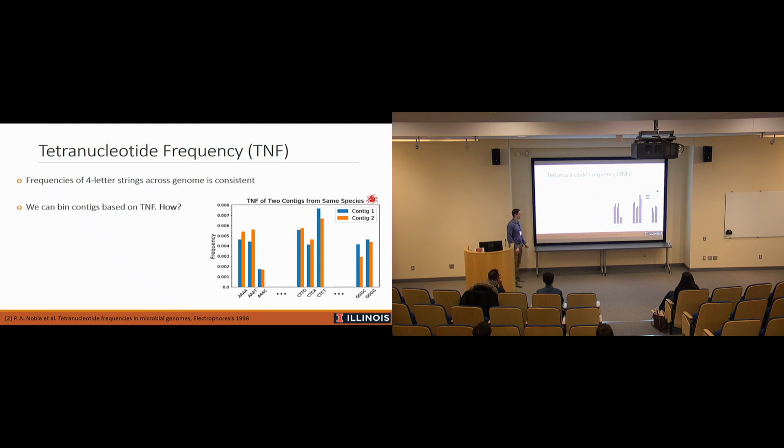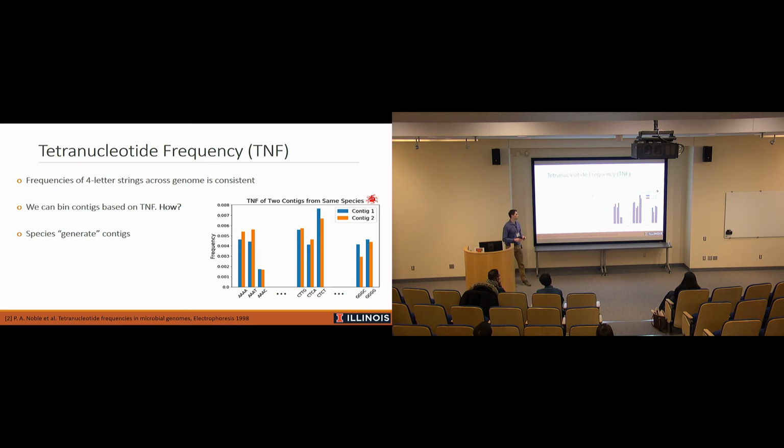So how do we actually do this a little more formally? You can't simply compare these distributions directly because, let me backtrack a sec. We model these contigs as being generated by a species TNF. A given species has a TNF, and it basically generates this contig.